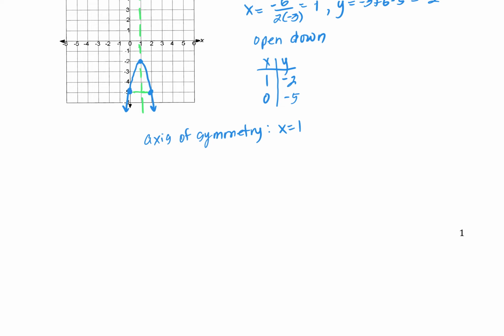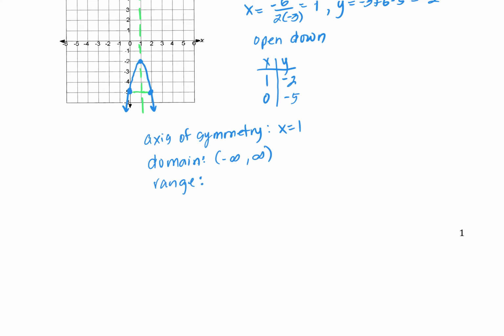We also had to state the domain. With all quadratic functions, the domain will just be all real numbers, so -infinity to +infinity. You can put anything in for x. It's your range that's going to be restricted. That is because we have either a highest point or a lowest point.